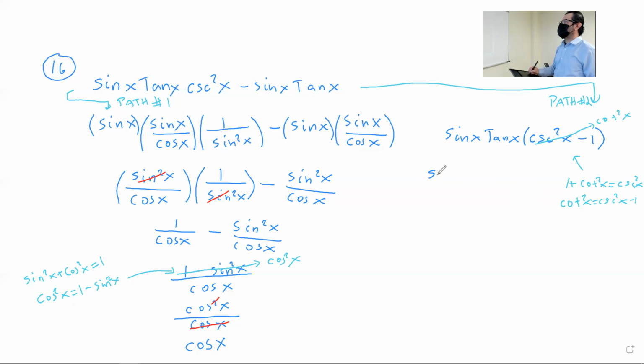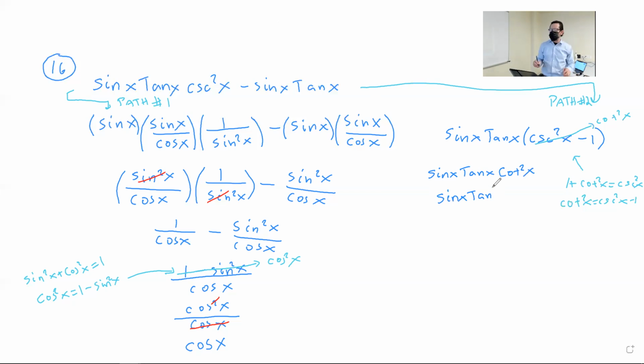That means that we would have sine of x multiplied by tangent of x multiplied by cotangent squared of x. And that's one simplification. That's reducing a lot of things there. The next thing we can do from here, sine of x multiplying tangent of x.